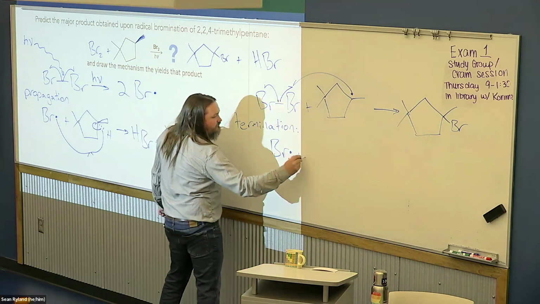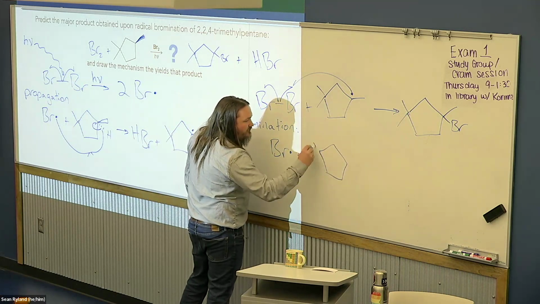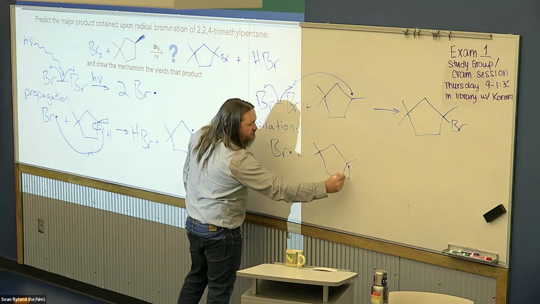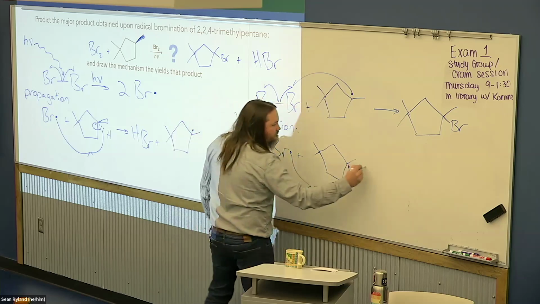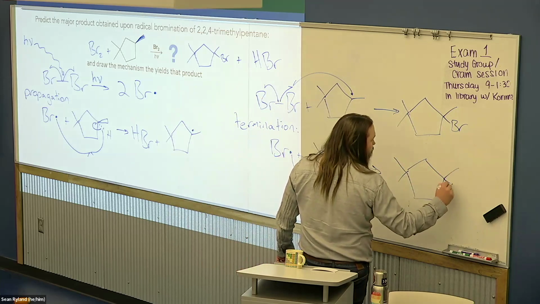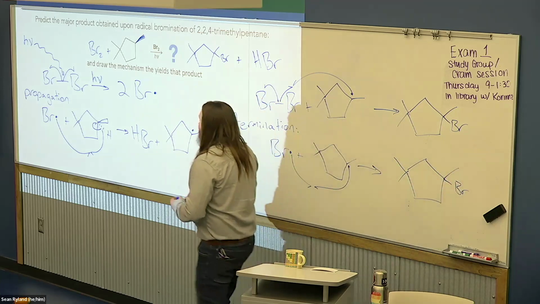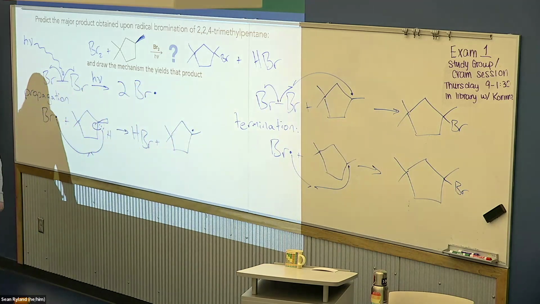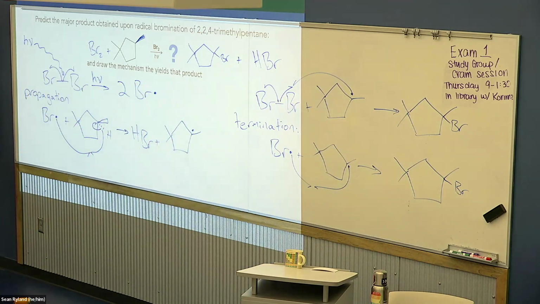Bromine radical plus our cyclopentyl radical. I'm thinking about how you kept trying to make all of these steps add up to give you the balanced reaction. That's an argument in favor of making your termination the exact opposite of the initiation, because then they'll cancel out, and you'll just get the propagation steps adding to give you the net.